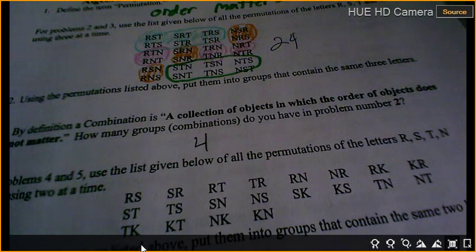For problems 4 and 5, we're going to use the list given below of all the permutations of R, S, T, N, and K using only 2 at a time. Using the permutations below, split them into groups that contain the same 2 letters.